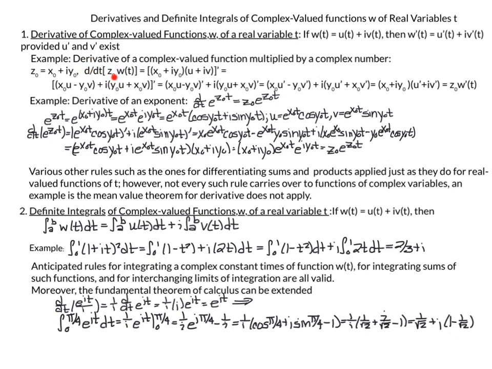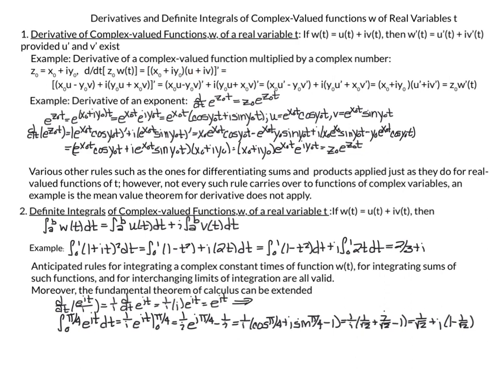We expanded our complex number into x naught plus i y naught, and this will allow us, because now our u is a real valued function and our v is a real valued function, so we can multiply. We know how to multiply a constant times a real valued function, so we can multiply this out.